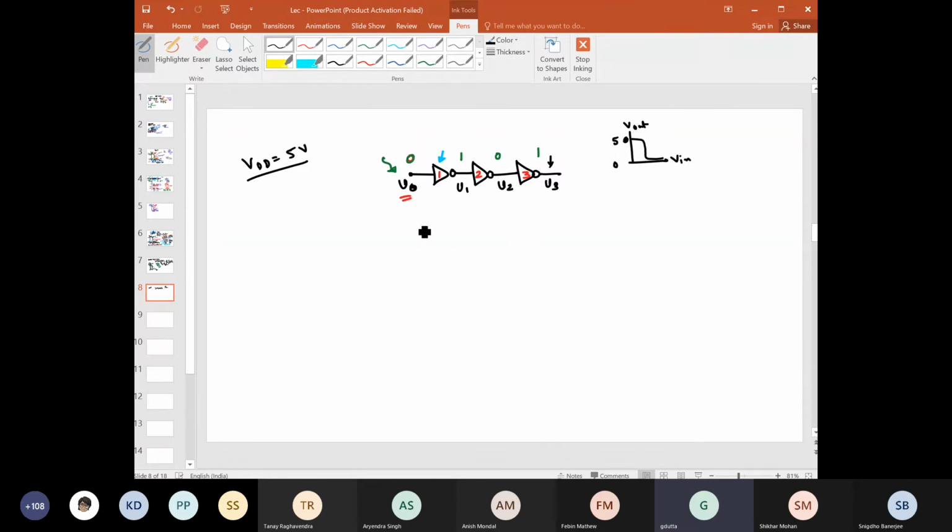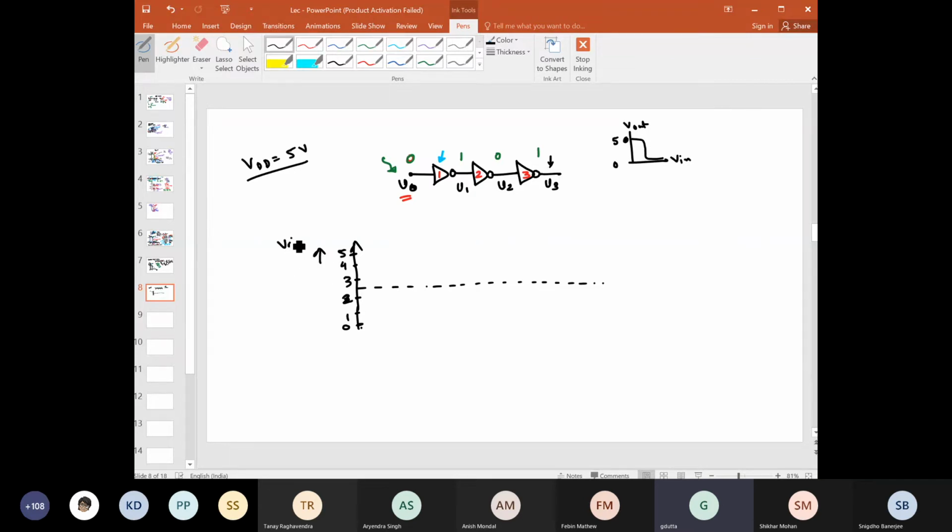And suppose this V naught, I could have drawn it in a better way. So this is 1, 2, 3, 4, 5 volt, 0. Suppose the signal is like this.